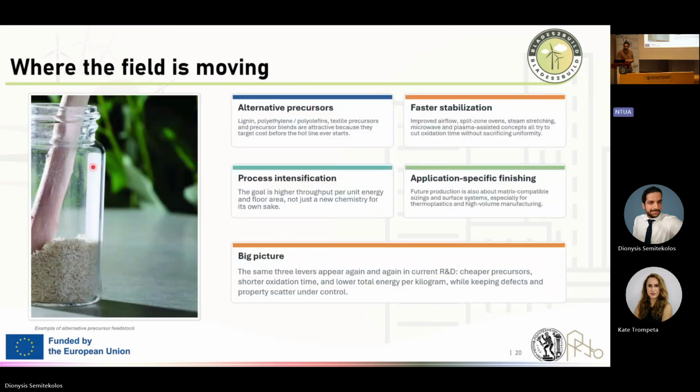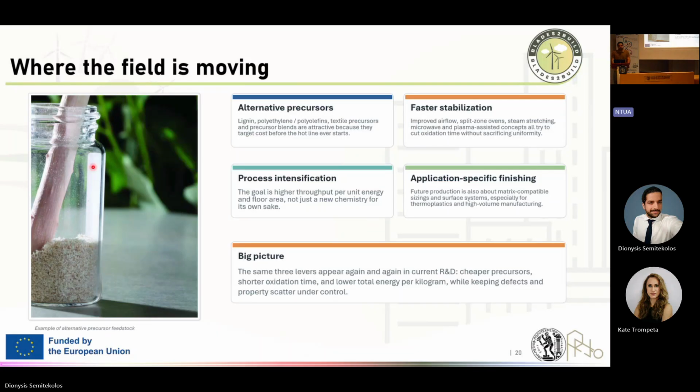Okay, to sum up, there are a lot of fields of research taking place nowadays. We are looking for alternative applications. We also have a project called Suspense, which you saw yesterday from Kate. There we study more environmentally friendly precursors like lignin blends, which can be stabilized and act as a precursor for carbon fiber.